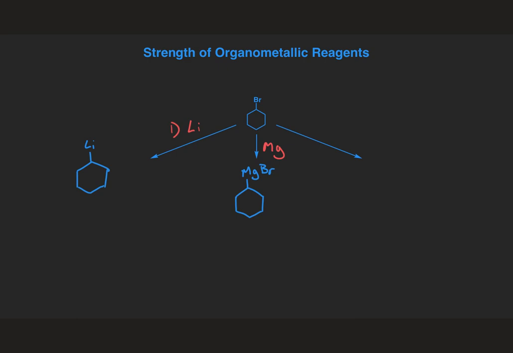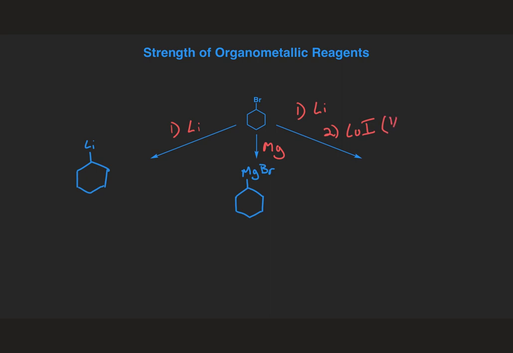And the last one we have talked about this semester is forming alkyl cuprates or organocuprates. And those get formed from the organolithium. So the first thing I have to do is form the organolithium. And then in a second step, I'm going to add copper iodide.